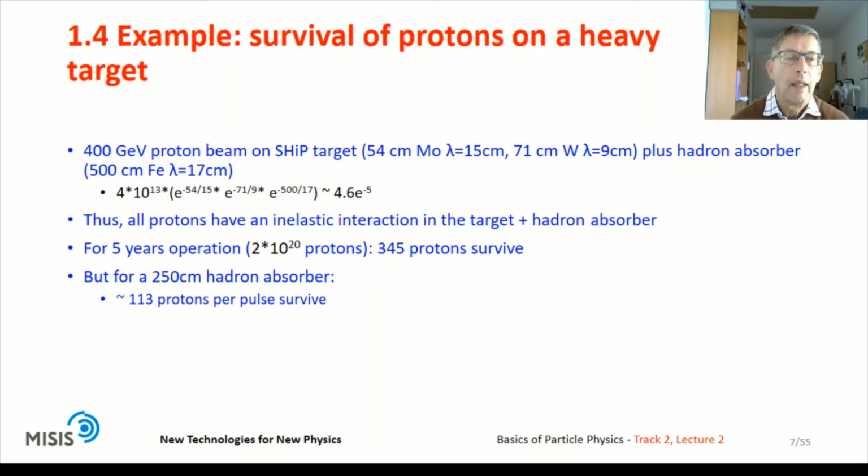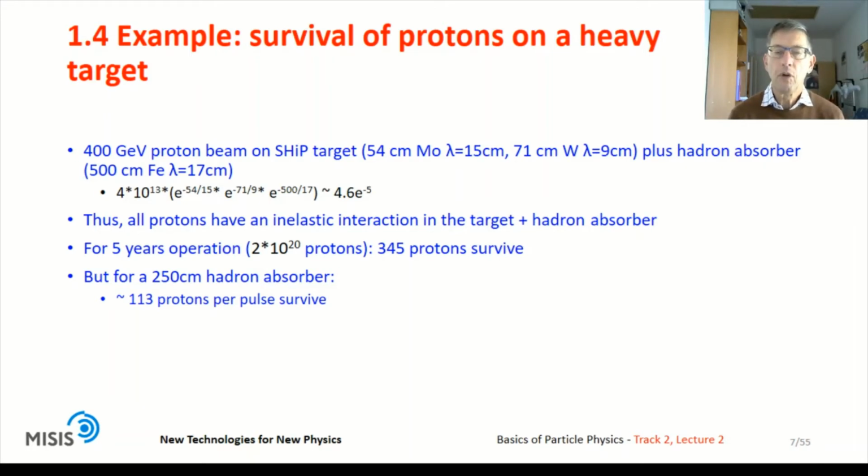If you work it out, it turns out that 4.6 times e to the minus 5 protons will survive this heavy target. So all the protons get absorbed, they interact before they come out.